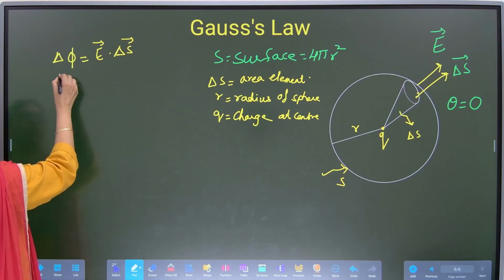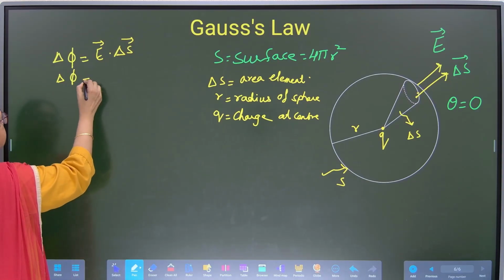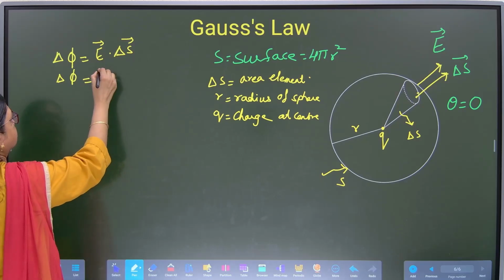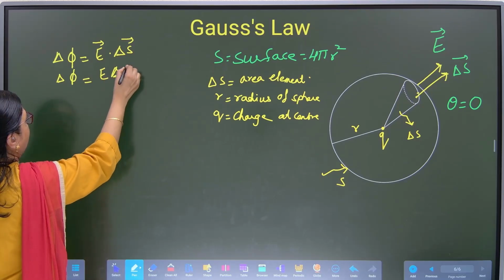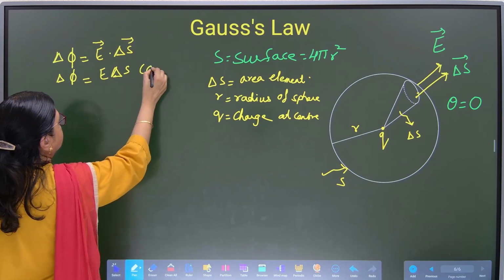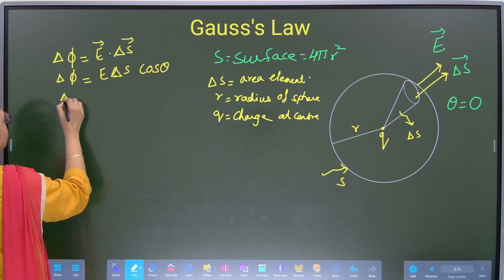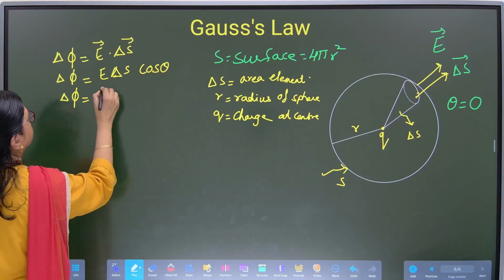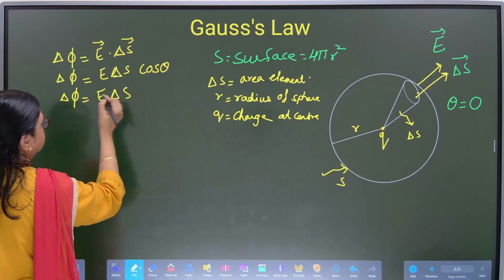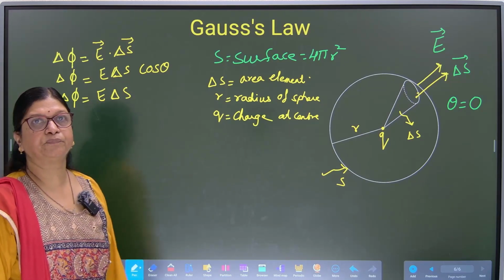If I use the scalar product of these two vectors, I will write E delta S cos theta. My theta is 0, so delta phi is equal to E delta S. This is what I get.